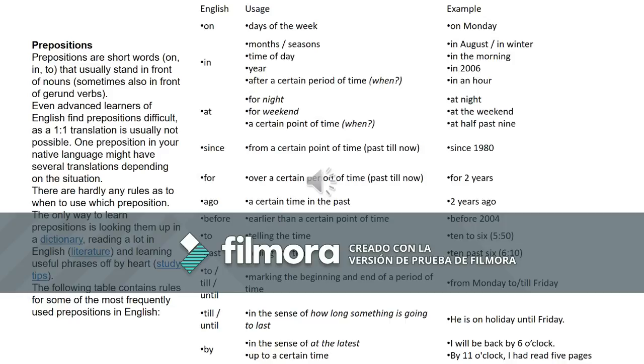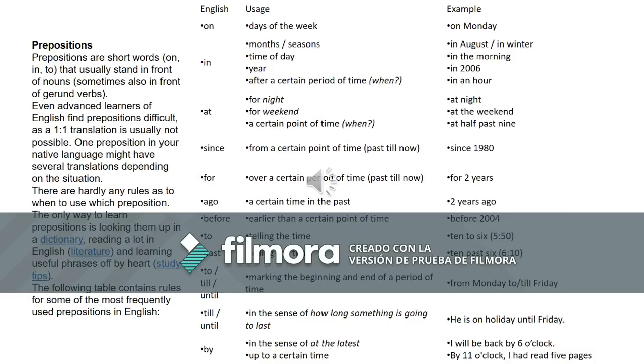Prepositions. Prepositions are short words on, into, etc. that usually stand in front of nouns, sometimes also in front of gerund verbs. Even advanced learners of English find preposition difficult as one-to-one translation is usually not possible. One preposition in your native language might have several translations depending on the situation.